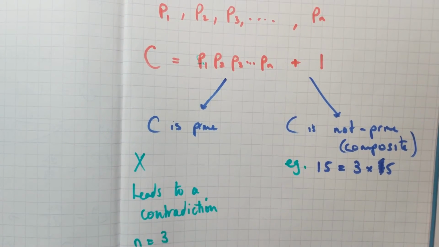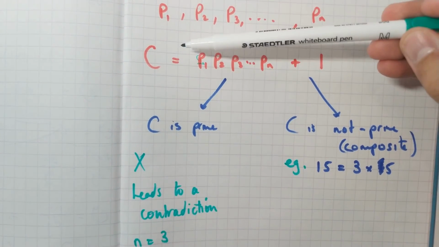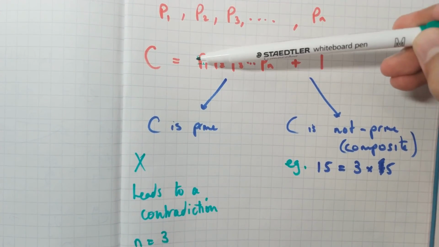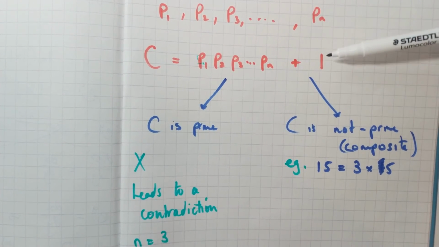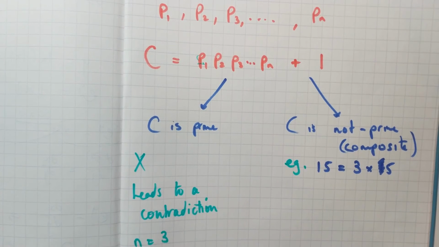For example, 13 is 1 more than a multiple of 2, so it can't be a multiple of 2. Since every composite number has a prime factor decomposition, that decomposition can't include any of these primes, because C is always going to be 1 more than a multiple of any of them.